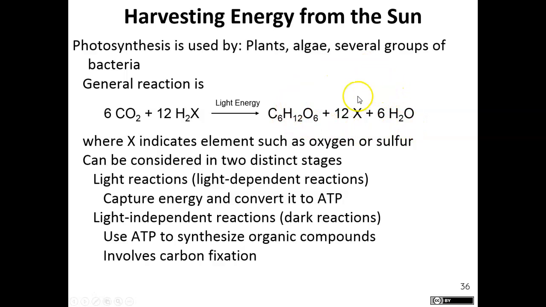Okay? We're producing some energy for the process, but we use energy as an input in this case.